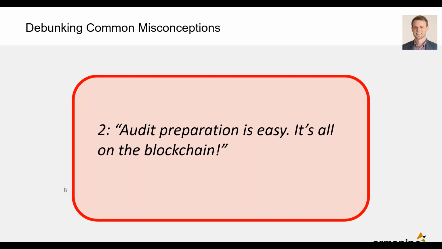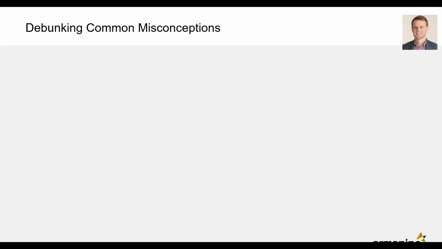Blockchains are not very good to test for completeness of your data. So we wouldn't be able to see, just looking at a blockchain, whether we're including all of the transactions or not. They're not good for fair value determination. They're not great for testing for rights and obligations. So proving that you actually own something, because of their synonymous nature. So number 2, officially debunked.